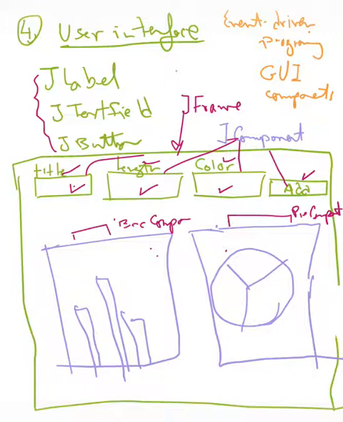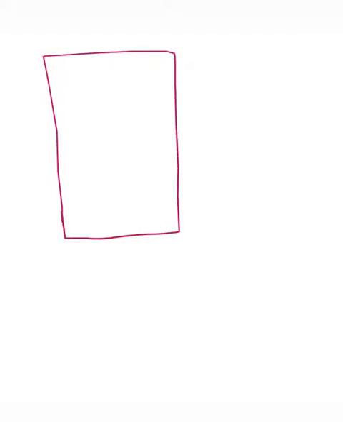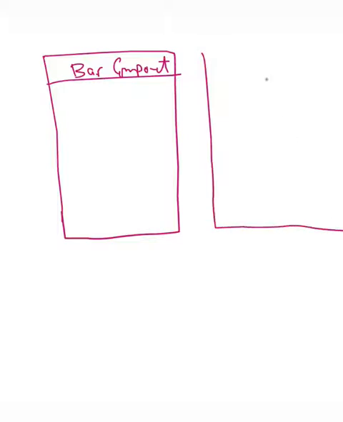So we come to the realization that we need another class or two, depending on your design, and that class will be the component. If you want, you can create one class called maybe the chart component, or you can create two classes, one called the bar component and another called the pie component.